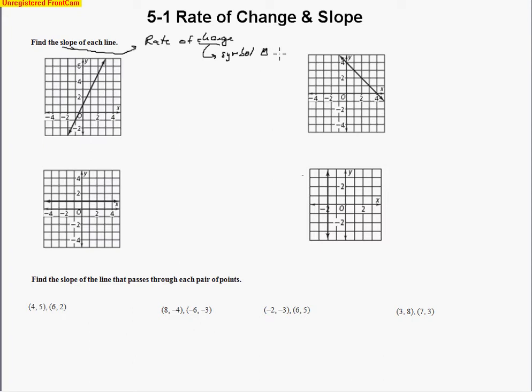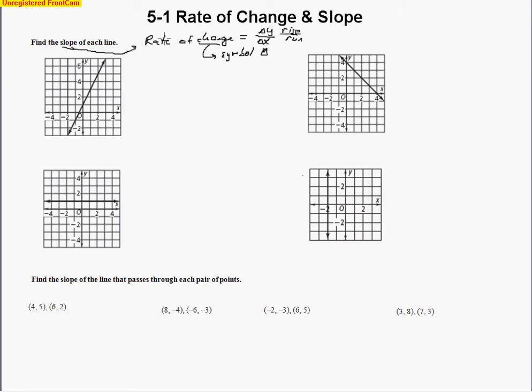So we're looking at the rate of change of our two variables, the change in y over the change in x. Another way to say that is rise over run, which is what people commonly talk about with slope. Rise means change in the y direction, run means change in the x direction. And so that's what we're looking for.